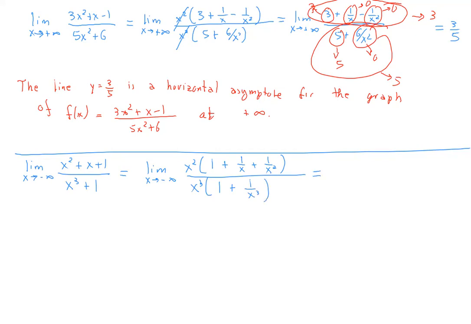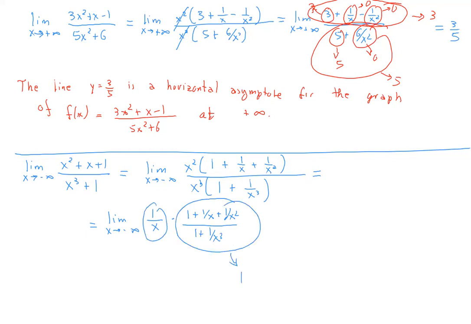And this can be rewritten as the limit as x tends to negative infinity of 1 over x times 1 plus 1 over x plus 1 over x squared over 1 plus 1 over x cubed. And it's very easy now to see that this tends to 1 and this tends to 0. So the whole thing will tend to 0. That will be the limit.